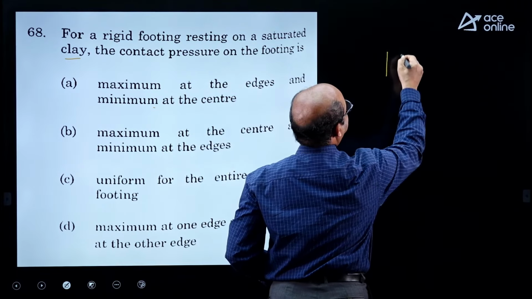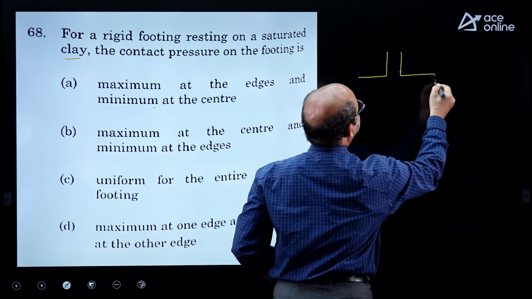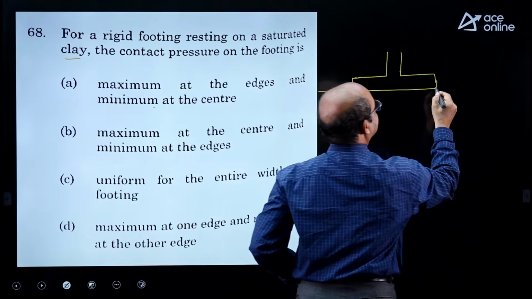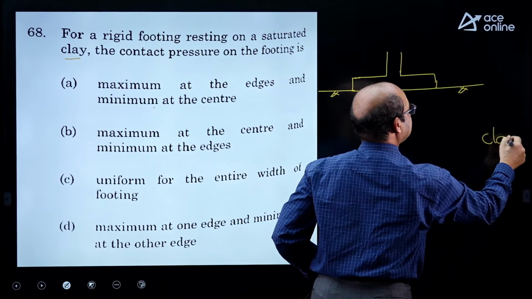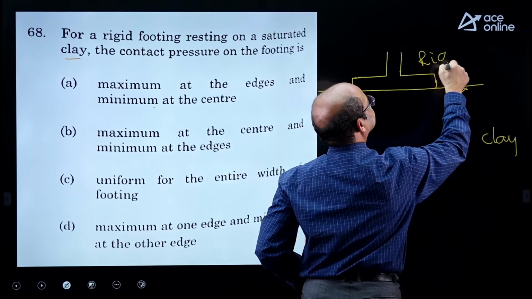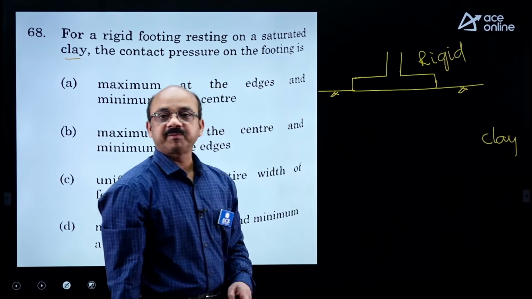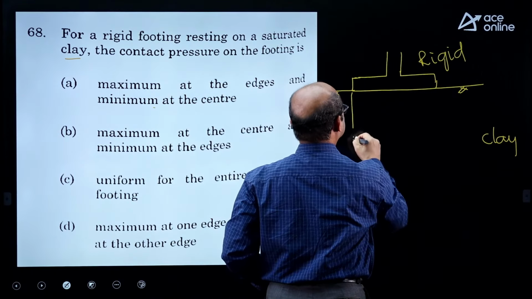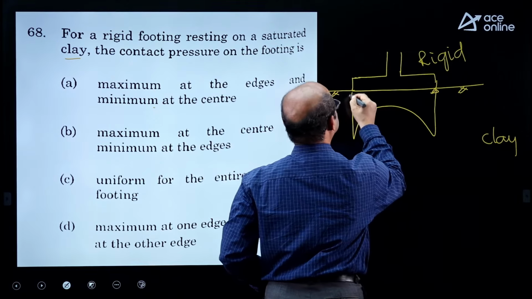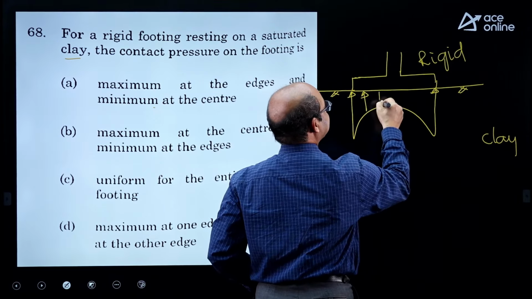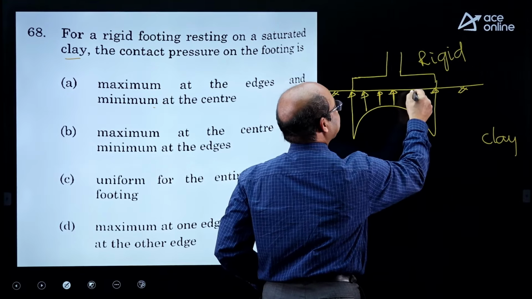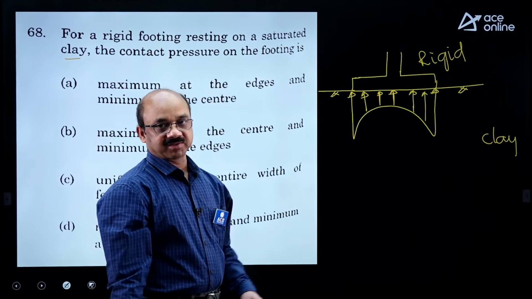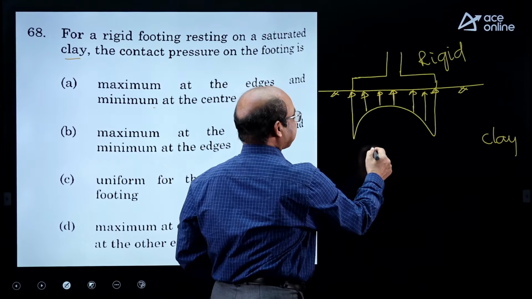If this is a rigid footing resting on a clayey soil, and you draw the contact pressure distribution diagram, it will be something like this. As you see in this diagram, minimum pressure is at the center and maximum is at the edges. So this is a diagram that shows the contact pressure.